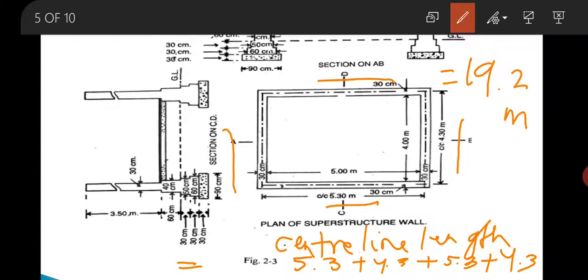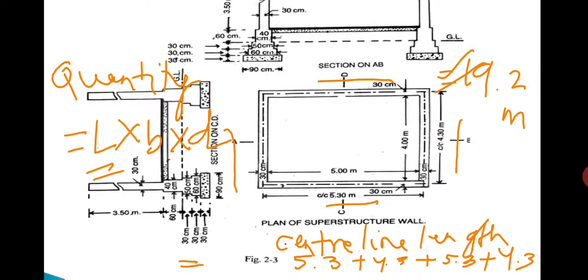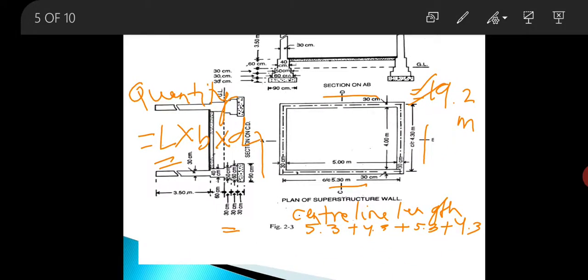Okay. So our center line length is 19.2 meter for this drawing, and as per the method, to get the quantity of any item of work, we will simply multiply the corresponding breadth and depth of the item with this center line length. Clear? Now we will move to our first item of work, that is earthwork in excavation.